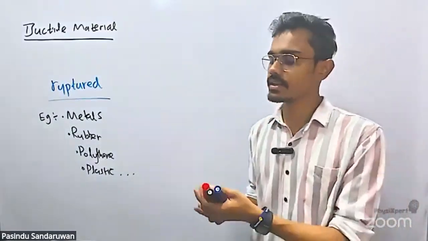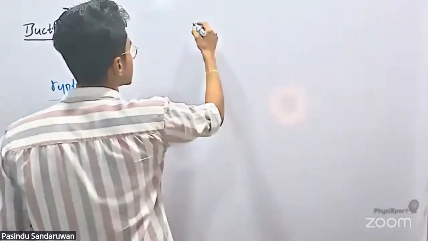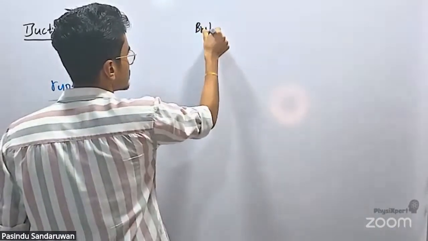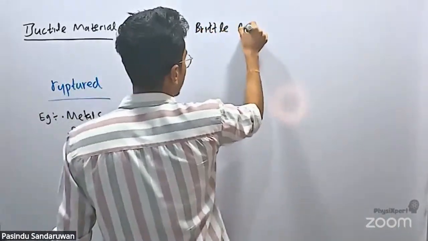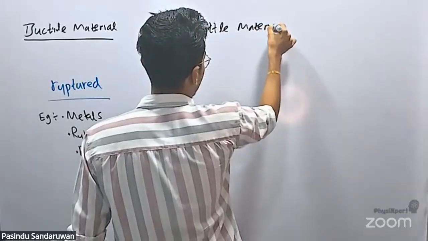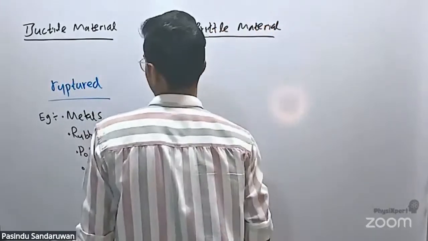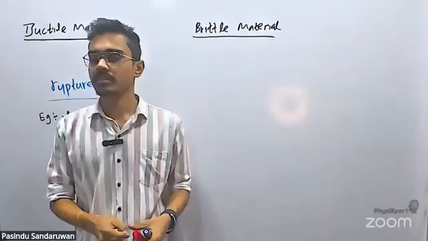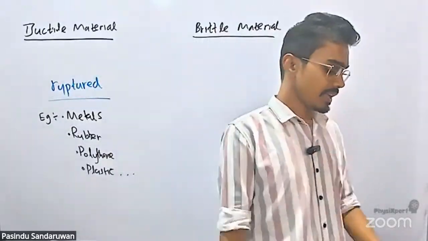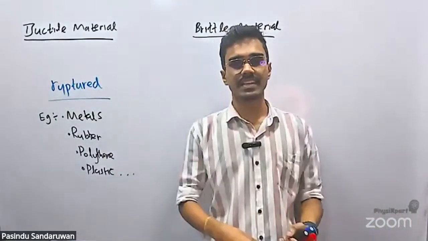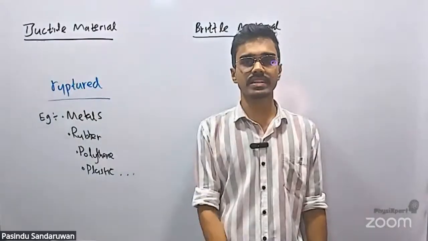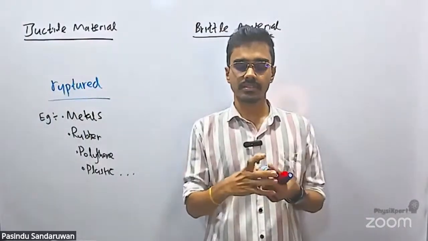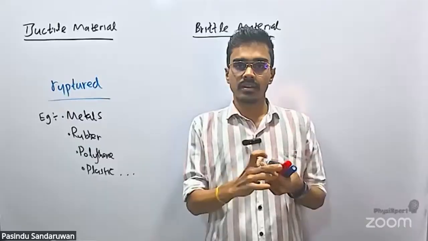Then the next heading, brittle material. Brittle is the exact opposite of this. Opposite in the sense that brittle materials don't have a higher strain.